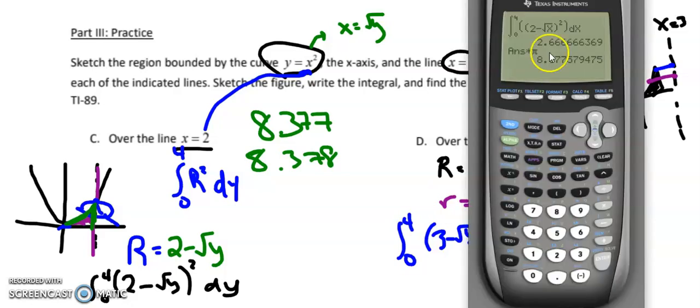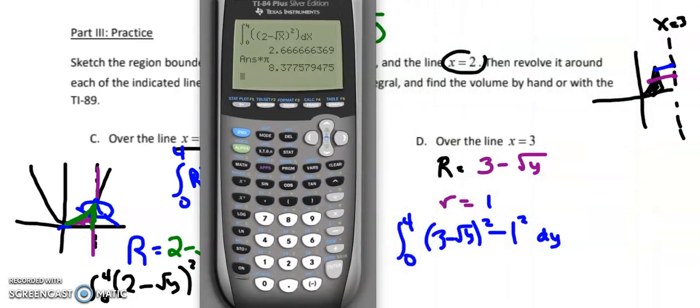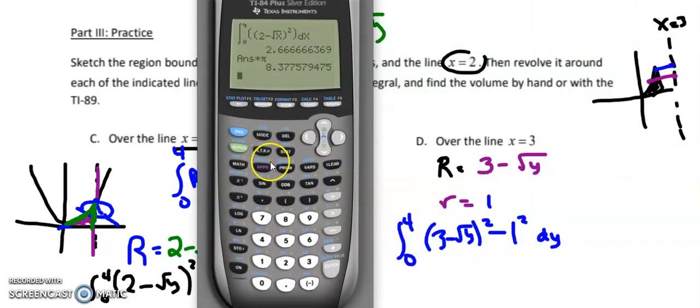And now I'm going to pull out my calculator, move it over here so that we can see what I'm trying to type in. And I'm going to start again with my alpha F2, go to integral here, type in my limits of integration from 0 to 4. And now I need to open with a parenthesis. I then have 3 minus the square root of x.